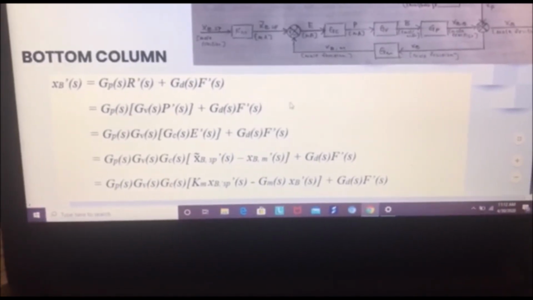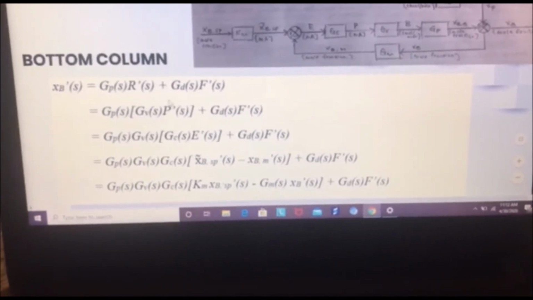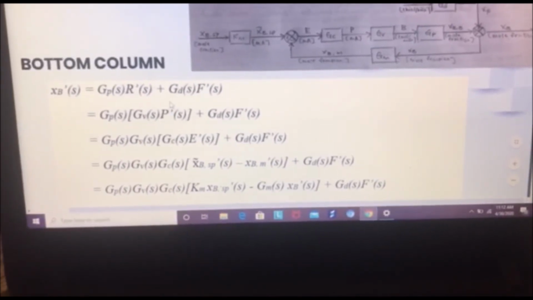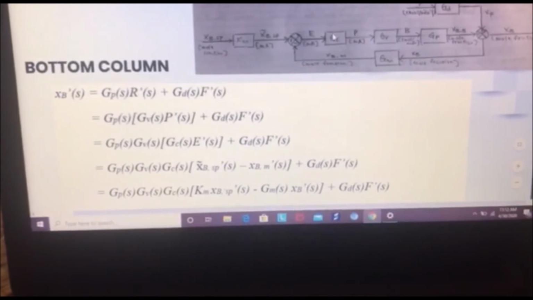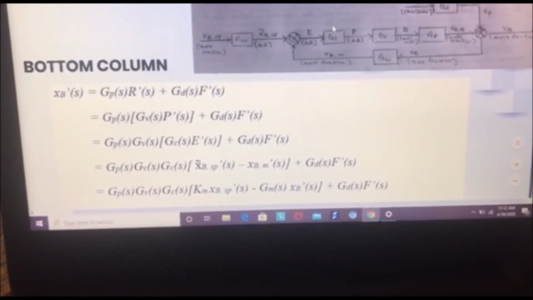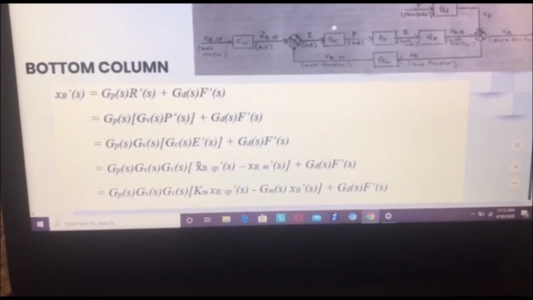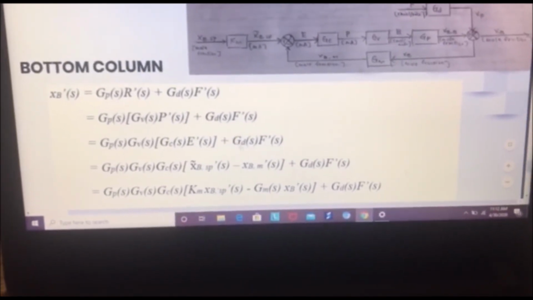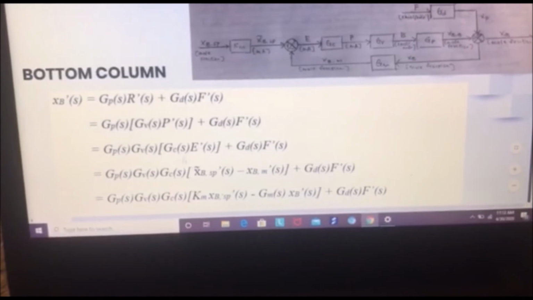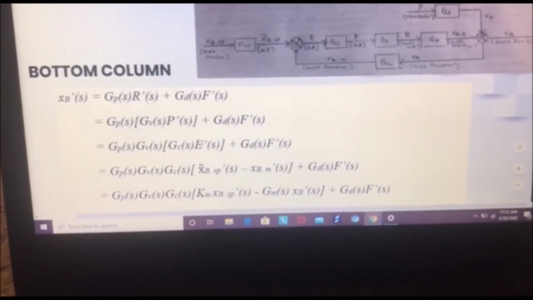After this we will substitute Ps, which is equal to the controller transfer function with Es. So the equation will become like this. After this we will substitute for the Es.